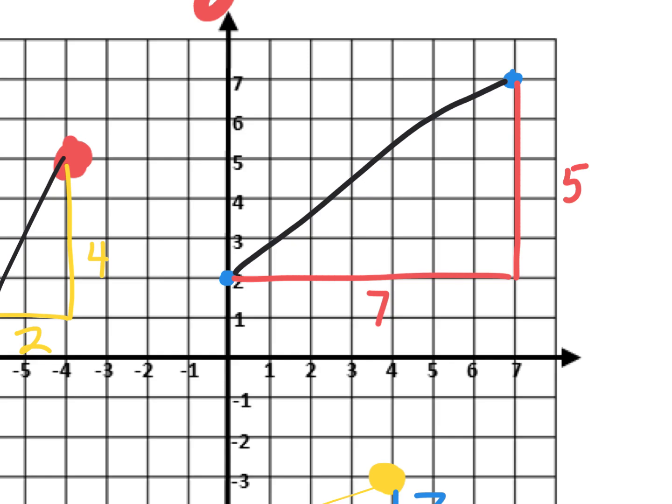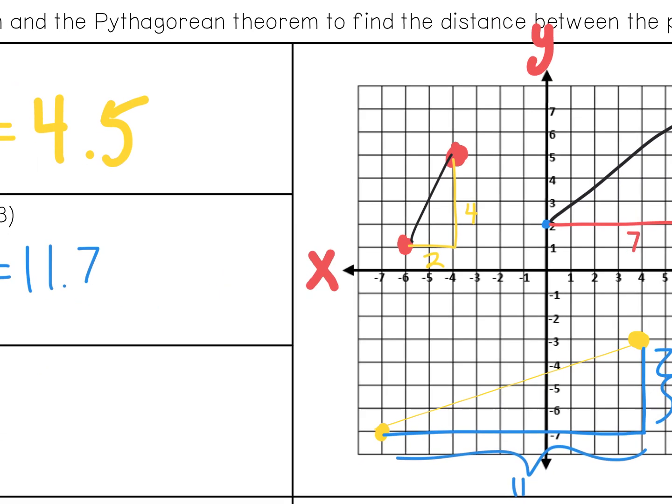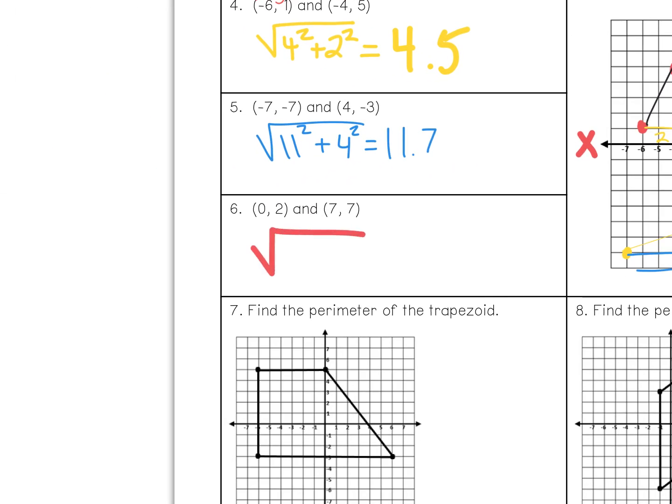Okay, so those are the values that I need to use. So the square root of 7 squared plus 5 squared. Okay. So plug that in, and what do you get? 8.6.